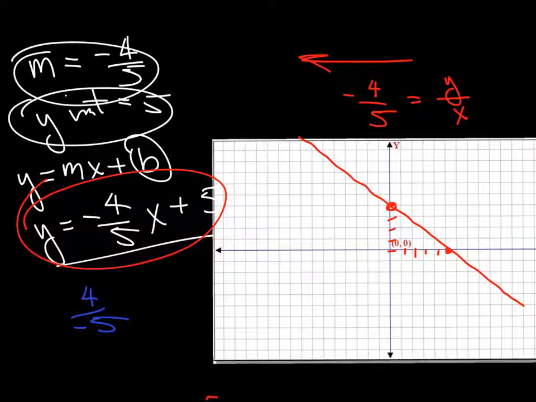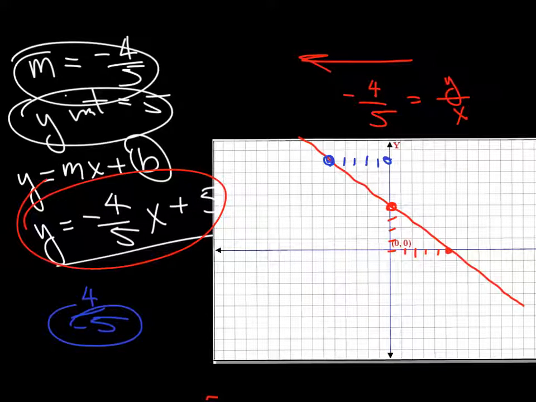Again, we're going to start at our y-intercept, which is still 5, right here. But we're going to go up or down 4, and it's a positive 4, so we go up 4. Then we go left negative 5: 1, 2, 3, 4, 5. Notice that point is still on the line.